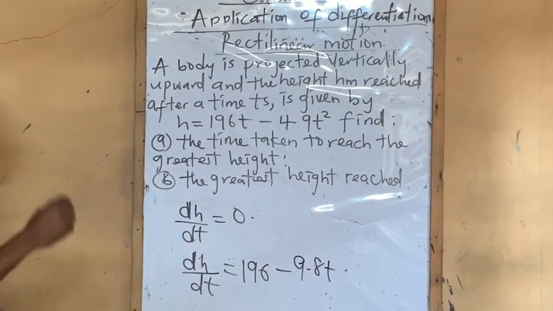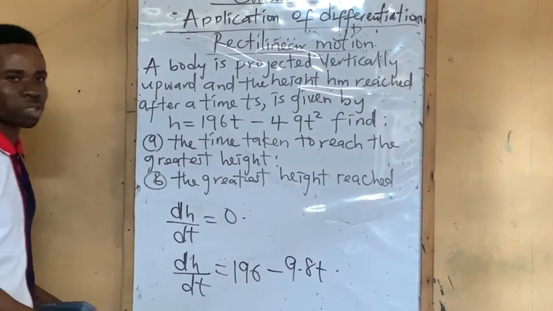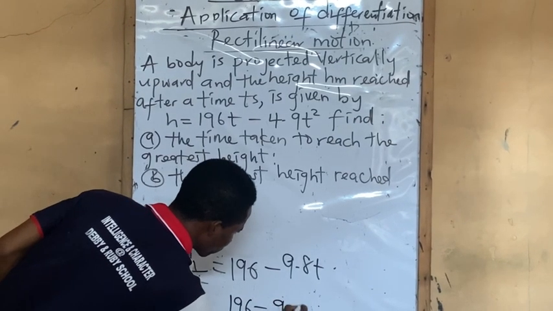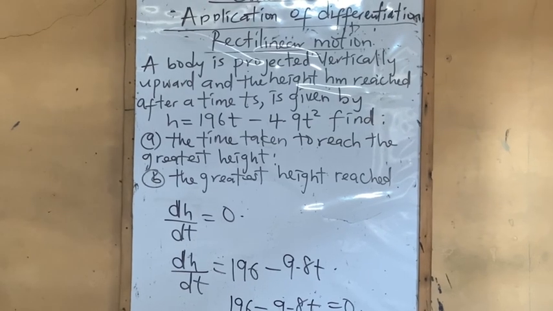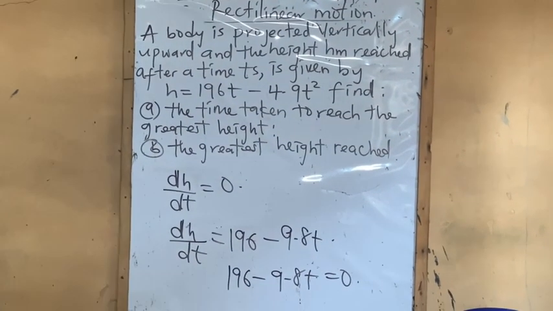But don't forget, they say time taken to reach the greatest height. That means dh/dt equals 0. That means 196 minus 9.8t equals 0, because at the turning point, dy/dx equals 0, whether maximum or minimum.